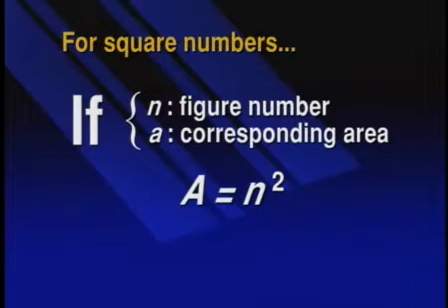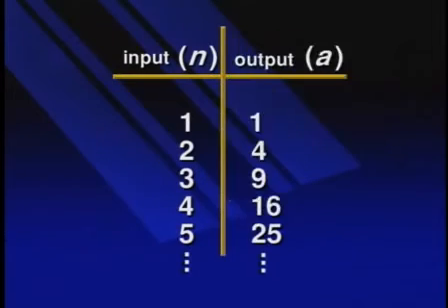The input-output table for this quadratic function, consisting of the ordered pairs n, a, is as follows. 1 corresponds to 1, 2 to 4, 3 to 9, 4 to 16, 5 to 25, and so on. And don't forget to go back up and plug in the 0 and 0. We didn't represent that because that would just have been no tiles, but 0 squared is 0.